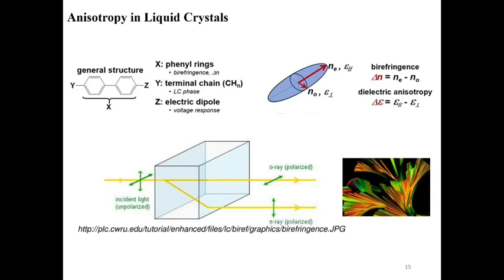So if you look at the typical molecular chemical structure of liquid crystal, it often contains two benzyl rings, and then you will have a terminal chain, often a carbon chain, a few carbon atoms connected as the tail, which provides the flexibility, the ability of the molecule to move around.